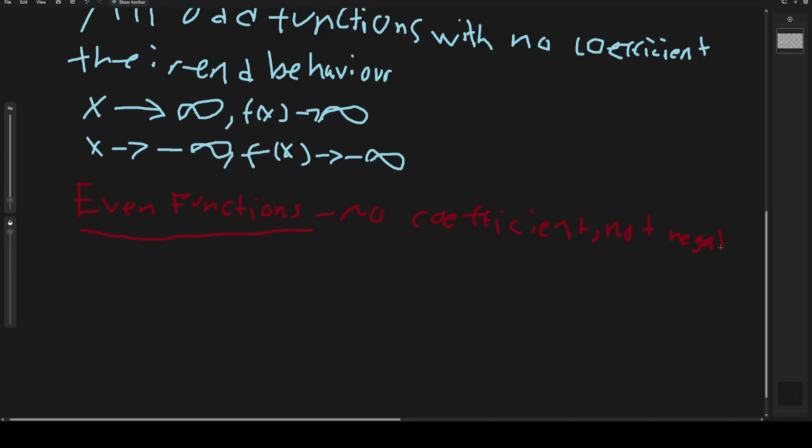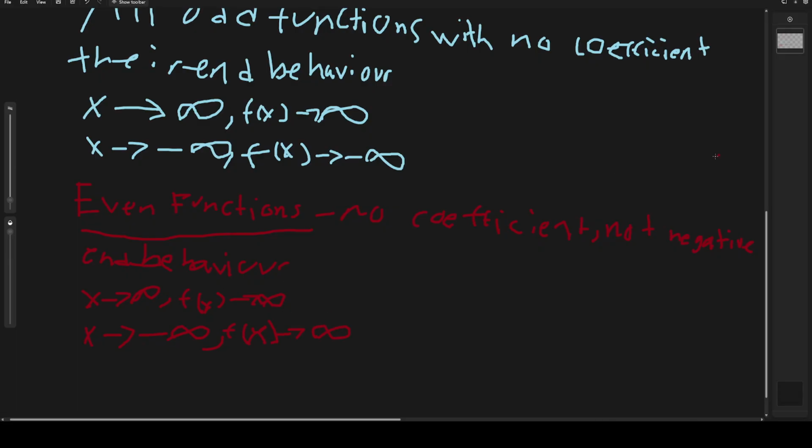But usually the end behavior is going to be the same on both sides. So as x goes to infinity, the function goes to infinity. Say that's on the right side. And then as x goes to negative infinity, the function is going to go to infinity.